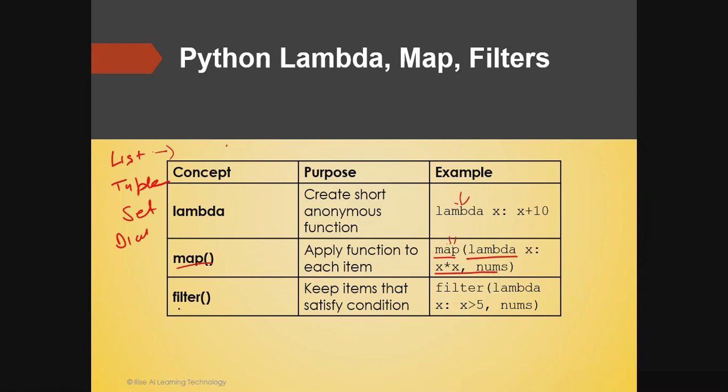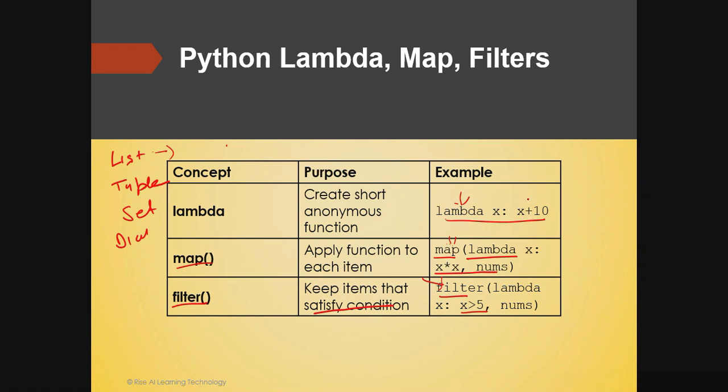In the same way, filter is a function which will only work when it is satisfying some condition. Suppose in this filter I am saying that once x is greater than 5, then it will only give those data and do the operation on that set of data. If you see the syntax, this is the lambda syntax: x colon x plus 10.